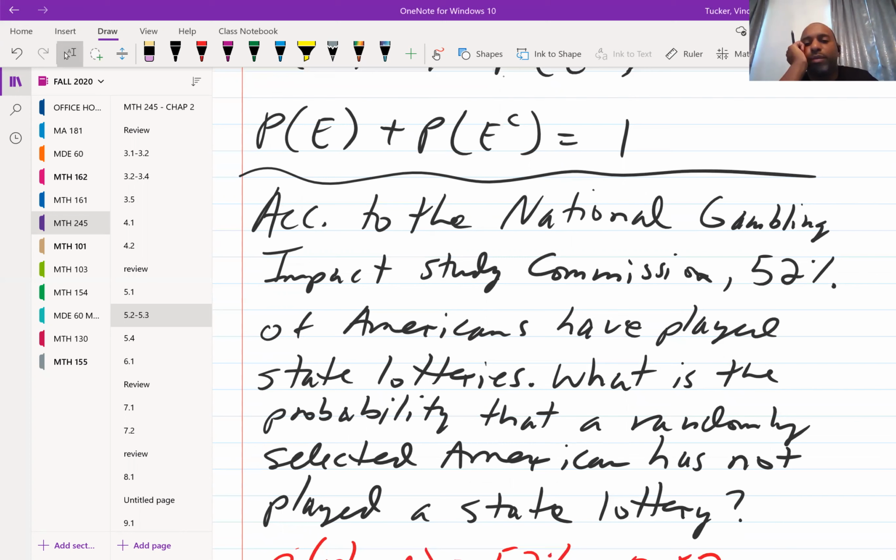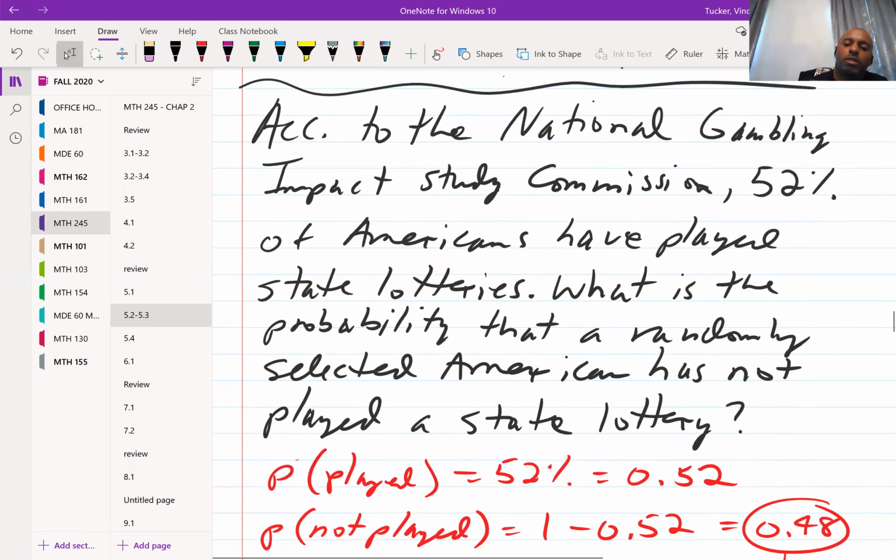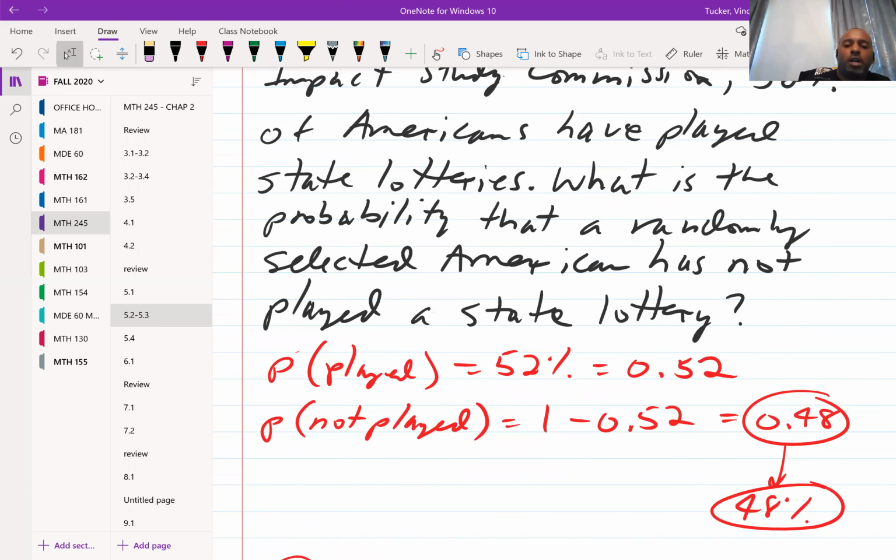So 52% of Americans have played state lotteries. We want to know the probability that an American has not played. So it's just this simple. We know 52% has played. If you convert that to a decimal, it's 0.52. If you want to know how many have not played, subtract that 0.52 from 1. It's 0.48, or you can write it as 48%.